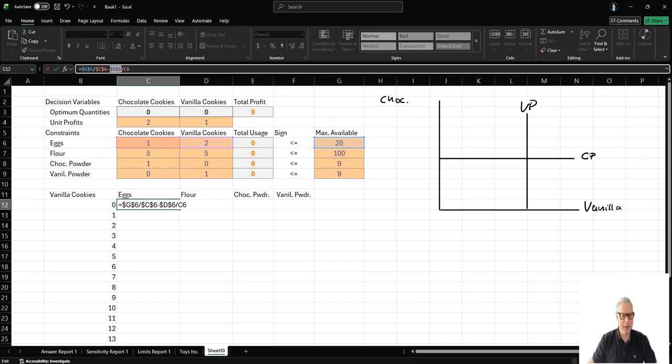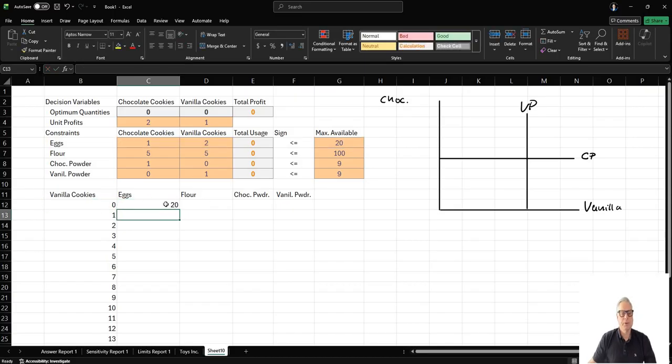Now we put again F4 times vanilla. So that should give us an intercept of 20 and intersect at 10.